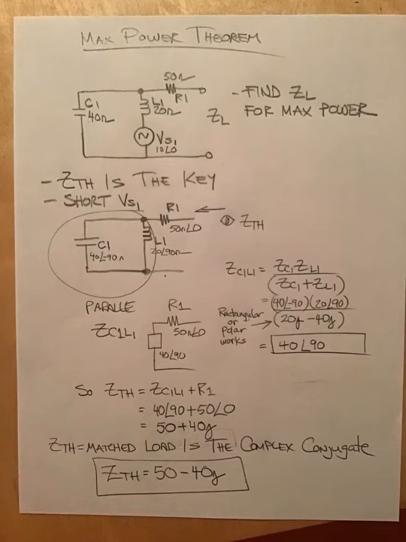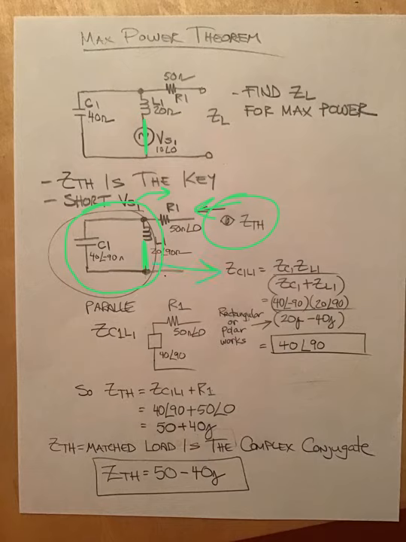Here's the last problem. Looks a little big until you short the power supply right here. We have to short the power supply, and now we end up with a parallel branch in series with a resistor. So we set up our Z Thevenin here, we look in with our eyeball, and we see a parallel branch.